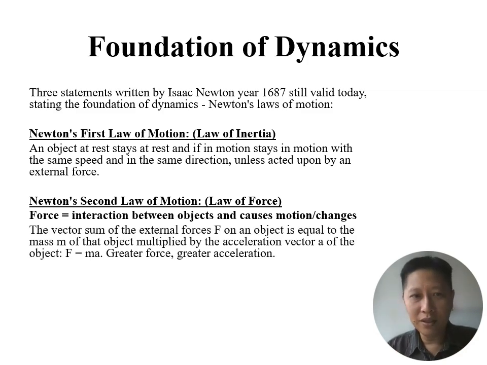Sir Isaac Newton found that when we apply a force from object 1 to object 2, the motion of object 2 is described as ma, where m is the mass of object 2 and a is its acceleration. When we apply a greater force, the acceleration of the second object becomes larger, faster.